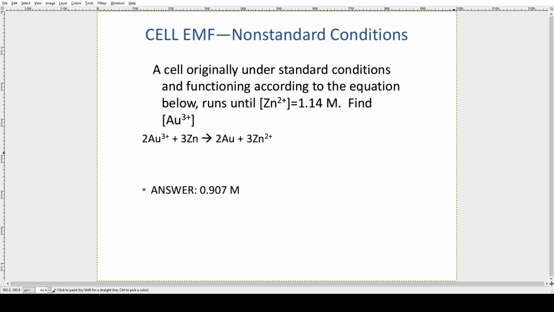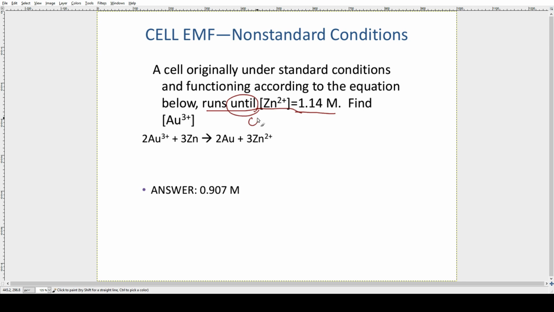All right, here is a weird one. A cell under standard conditions and functioning according to the equation below runs until zinc concentration is equal to 1.14 molarity. Okay, hold on. It runs until it reaches that concentration. So is the cell still going, or is it dead?